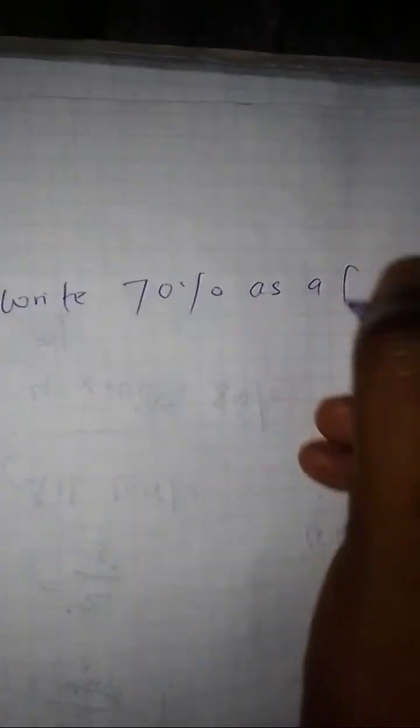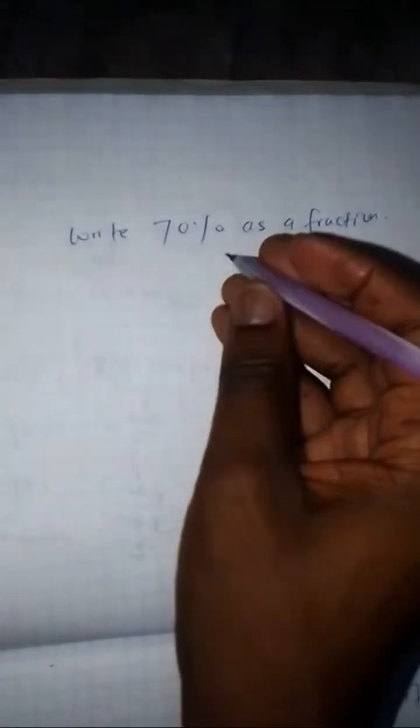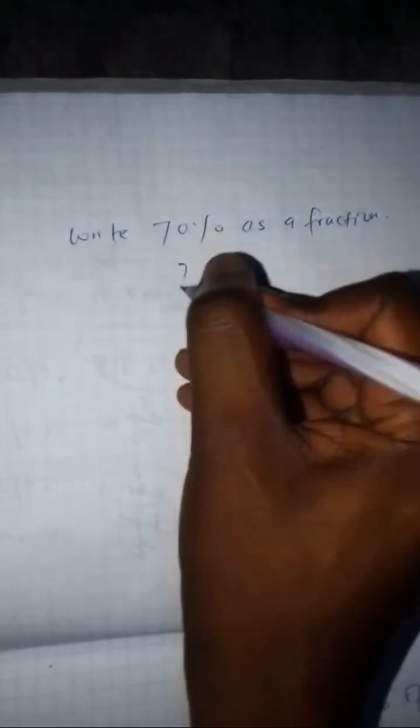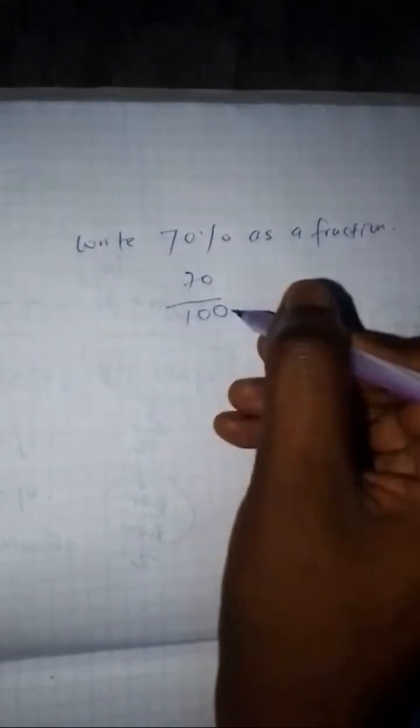Okay, so the other question can say, write 70% as a fraction. So here, this 70 is 70 out of 100.